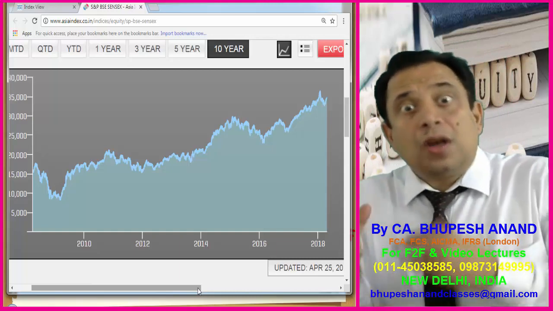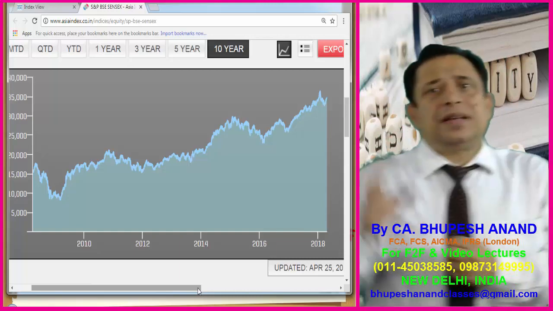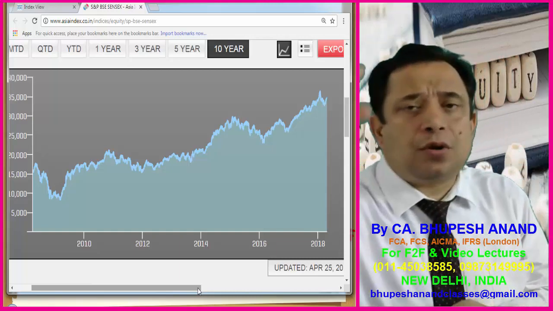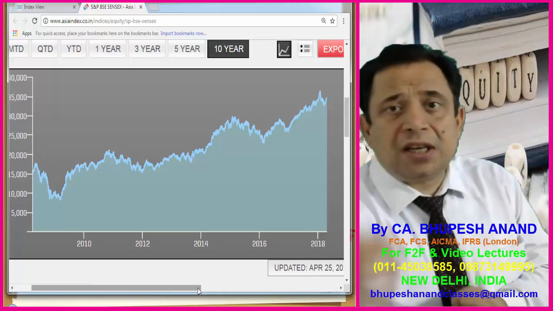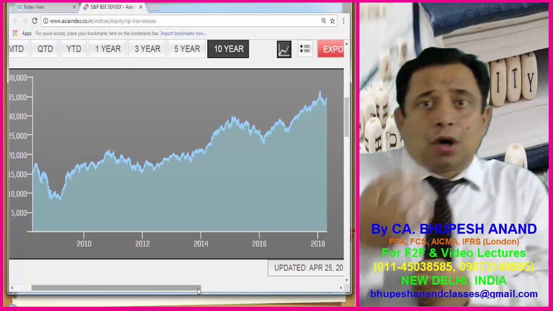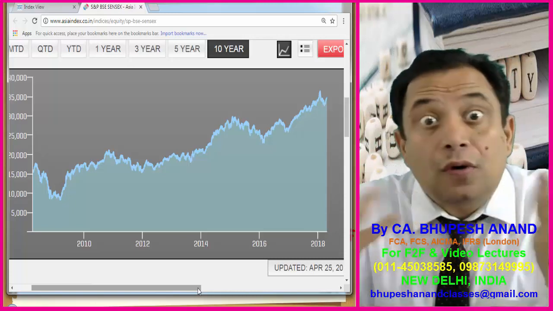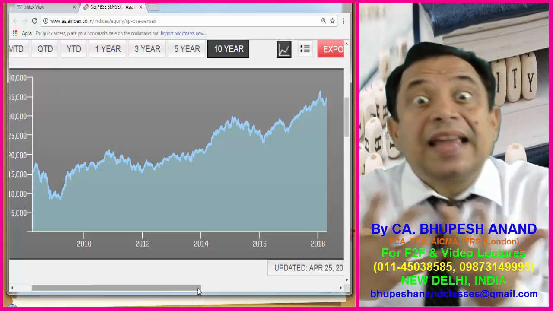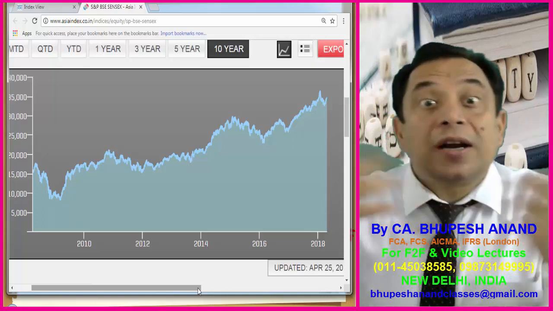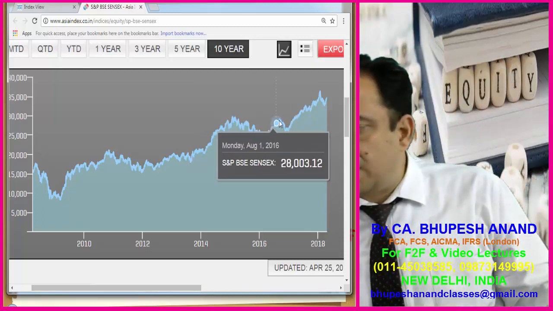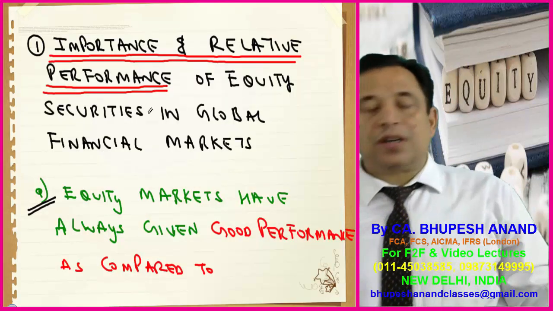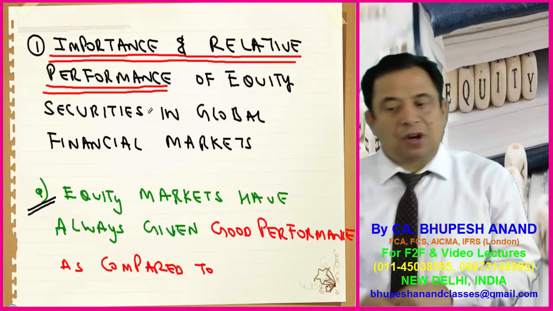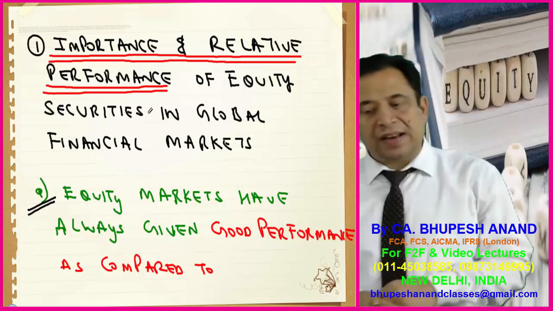So overall, the basic thought process which I want to tell you is that if an investor invests in equity securities, no doubt there is a high incidence of risk, but overall he will be richer in the long run. This is my first point, importance and relative performance of equity securities in global financial markets.